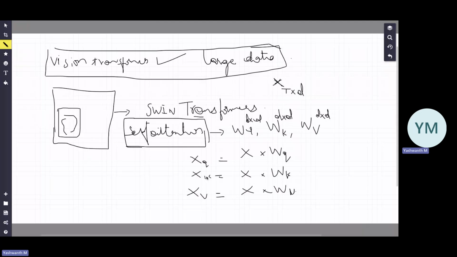Now the mixing across the tokens happens via the dot product across the query and key.